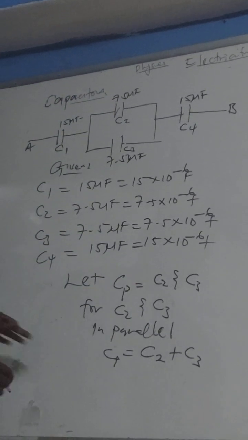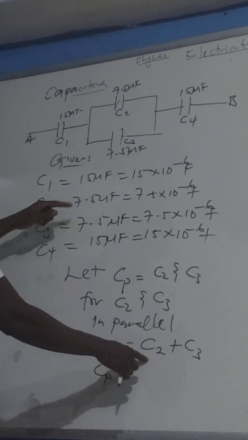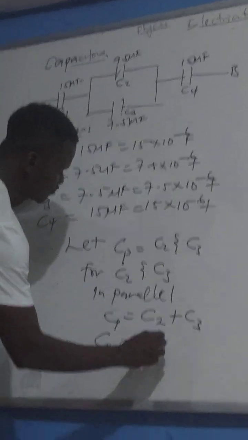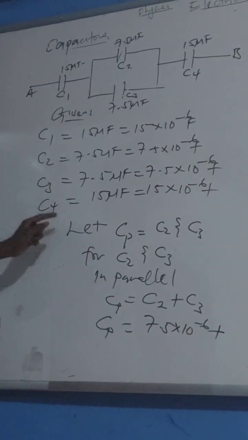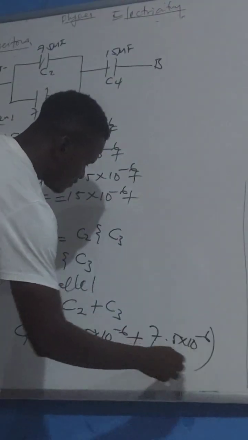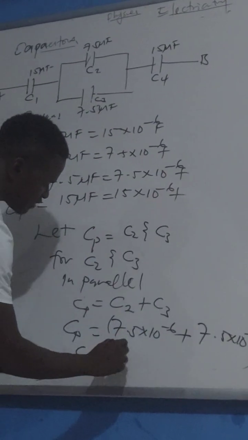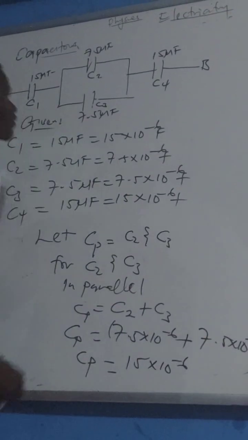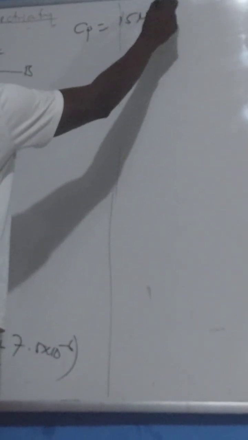So CP is equal to, what is C2? 7.5 times 10 to the power minus 6, plus, what is C3 also? 7.5 times 10 to the power minus 6. So therefore CP is equal to 7.5 plus 7.5, which is 15 times 10 to the power minus 6. Or you can say CP is equal to 15 μF.